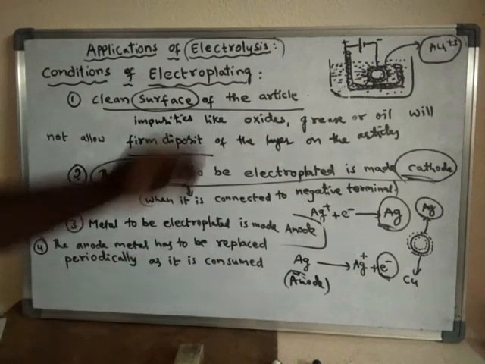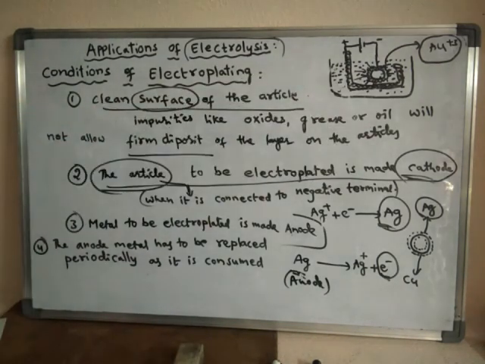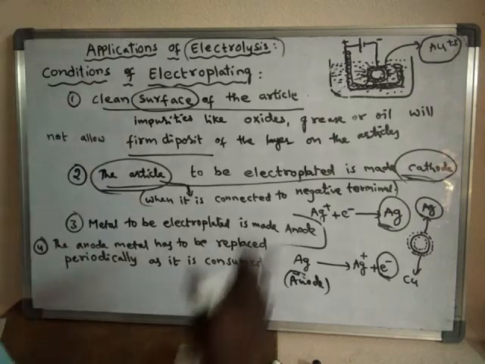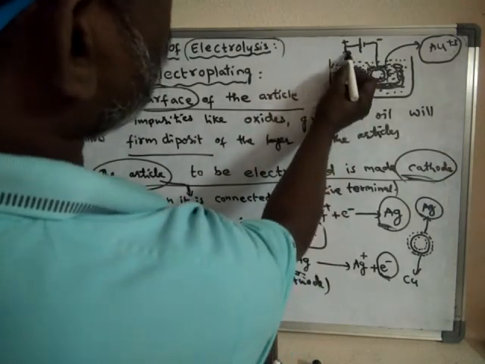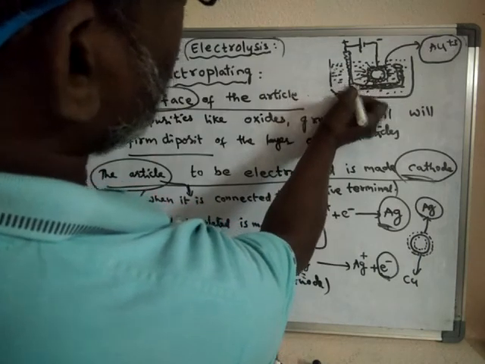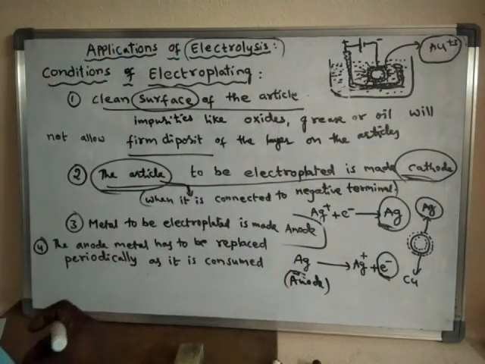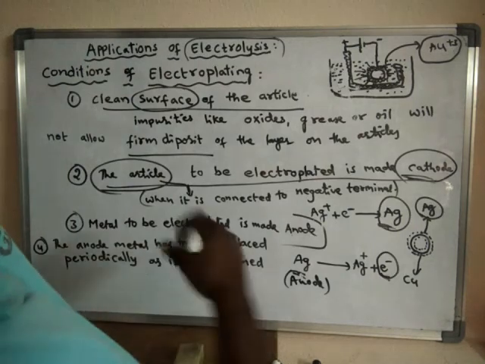Look here. If the process of electrolysis is continued for some time, what happens? The silver from this anode becomes thinner and thinner because it is losing its material.